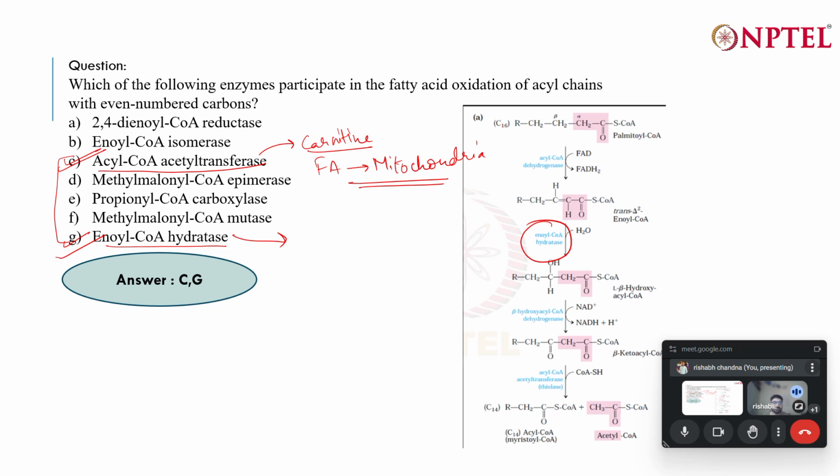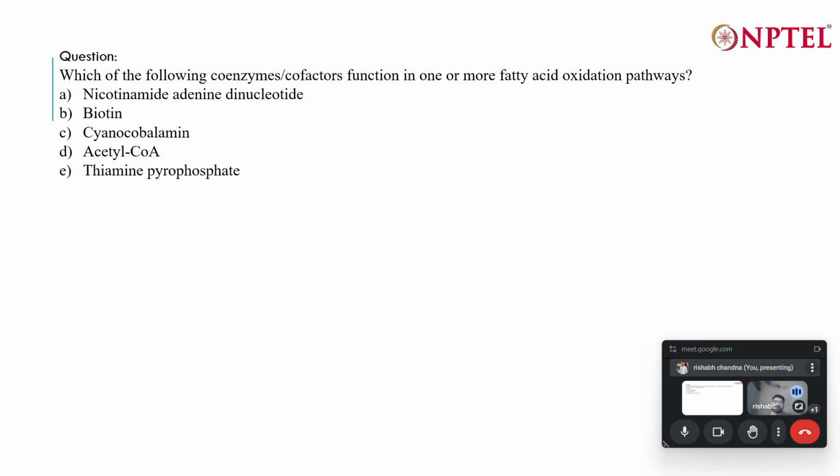Okay, so let's move on to the next question. Which of the following coenzymes or cofactors function in one or more fatty acid oxidation pathways? So what can be the correct answer?